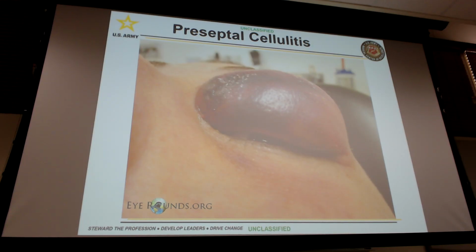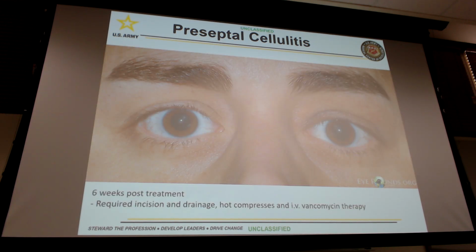No restriction on eye movements. You can do a pretty decent EOM evaluation with just that little bit of an eye if you're looking real close. So we give this patient oral antibiotics, Augmentin, Keflex, something pretty strong, and then we see him back and he looks back to normal. Okay? That is the goal.